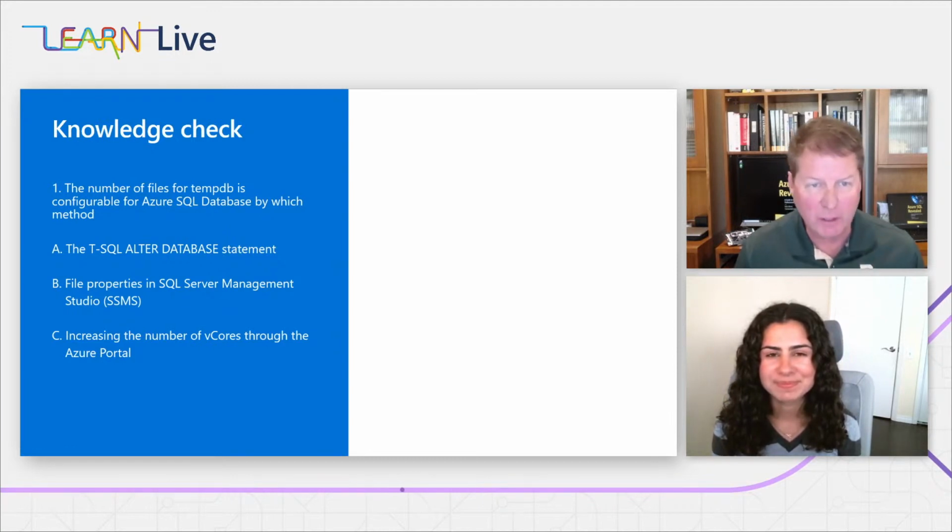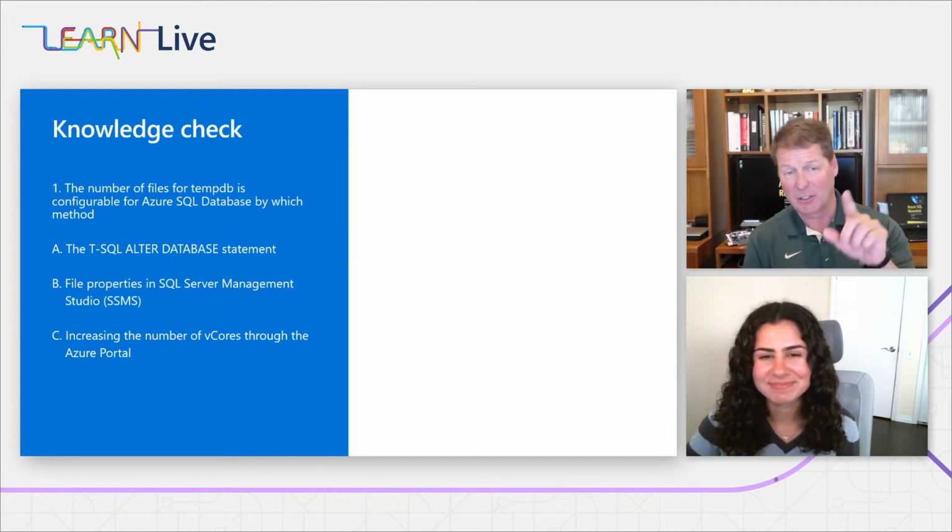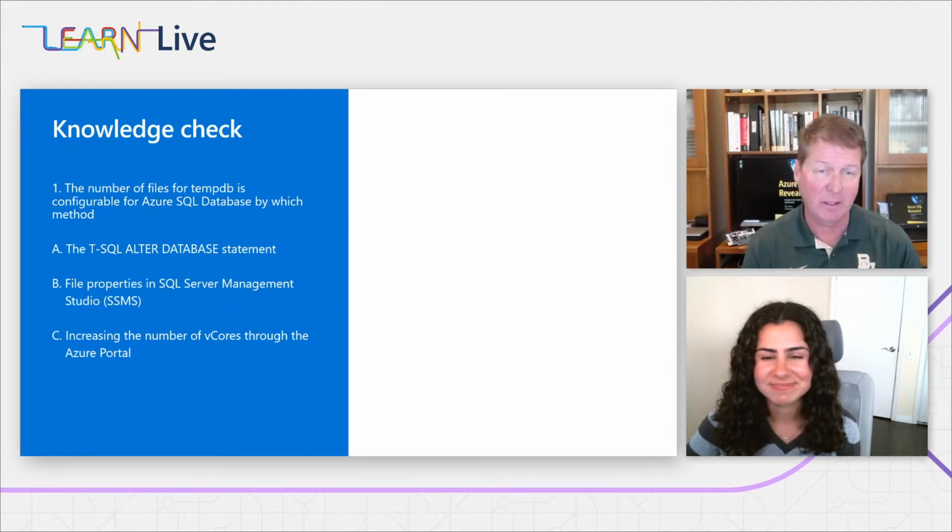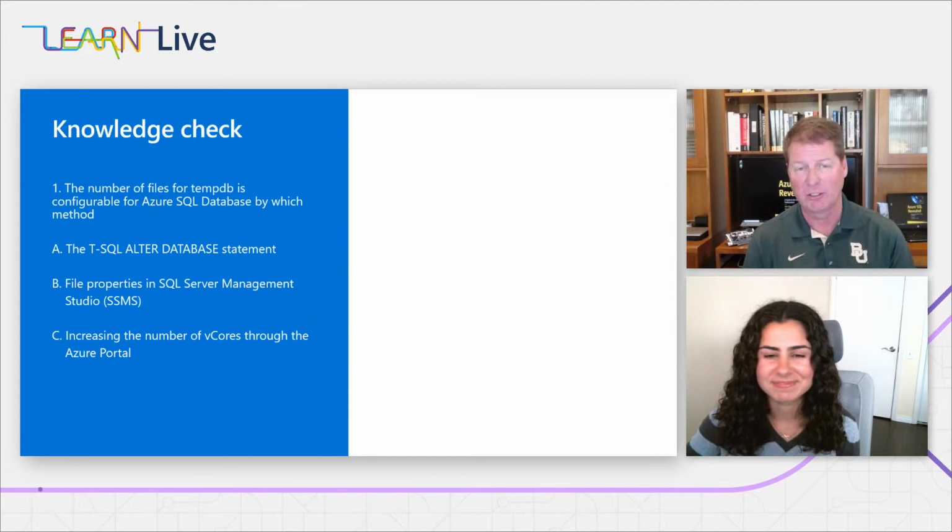Well, if you remember, Anna, we use this process of elimination idea. And this is Azure SQL Database. I specifically called out some configuration choices for managed instance. But I mentioned that for Azure SQL Database, we just picked this thing for you, right? So it's configurable though, and I mentioned how, and it was a scaling thing.